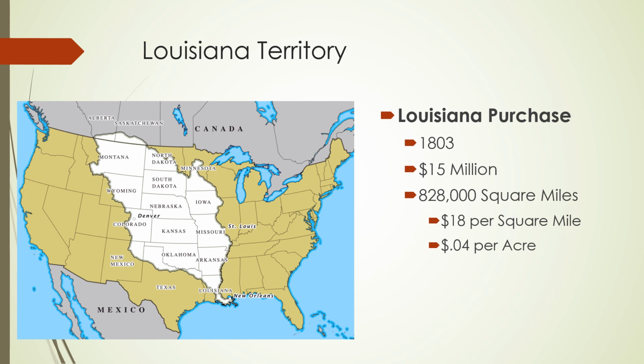Napoleon's famous for his wars in Europe, but he takes over Spain. And so Spain is now under Napoleon's control. And in fact, Napoleon makes his brother the king of Spain. And so in doing this, Louisiana reverts back to French control. So what was French Louisiana and then became Spanish Louisiana is now French Louisiana again.